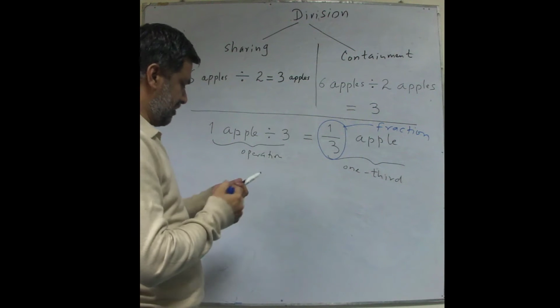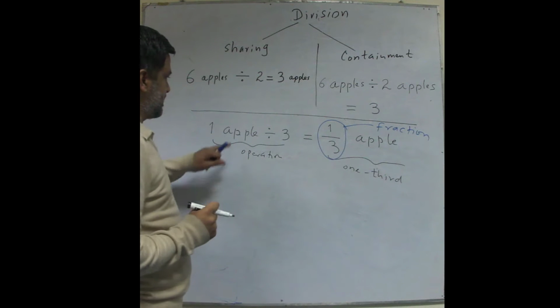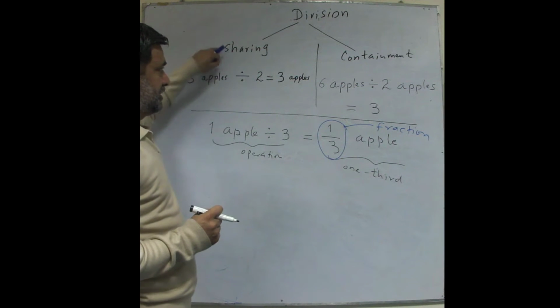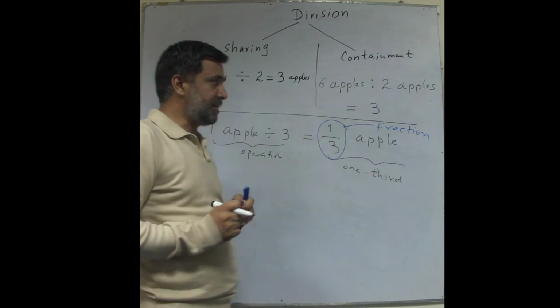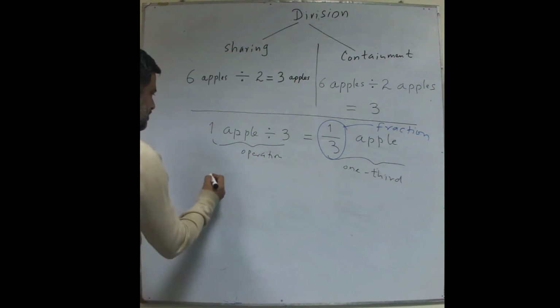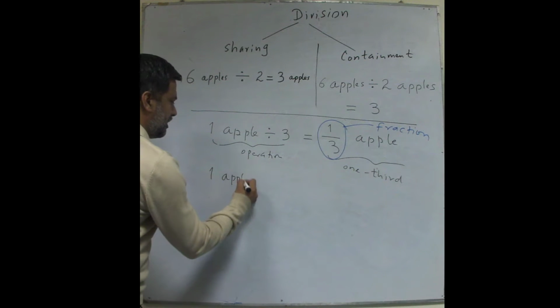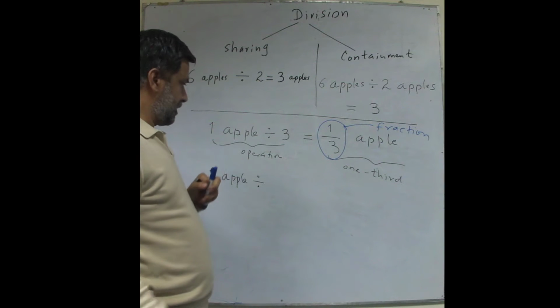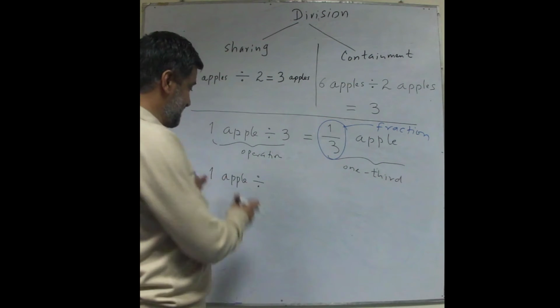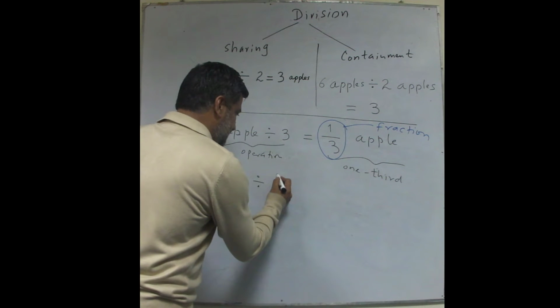Now this is very powerful, because now we can do something else. This was the sharing interpretation. So let me rephrase this question as a containment problem. Now I have 1 apple and I want to know how many times this 1 apple contains the group of 3 apples.